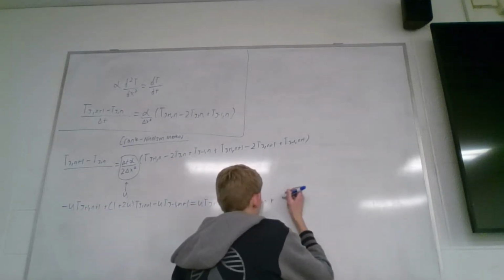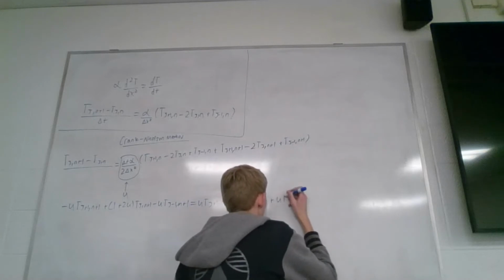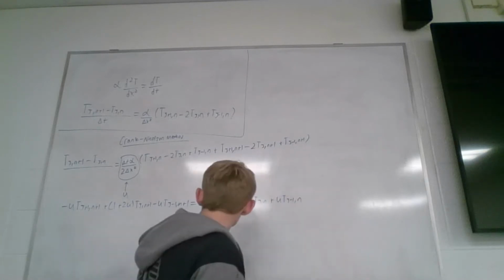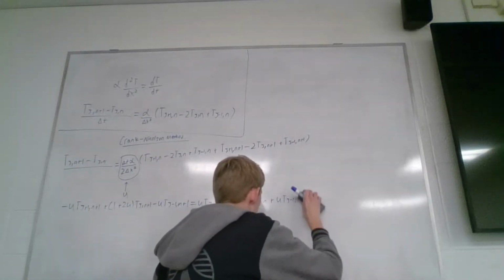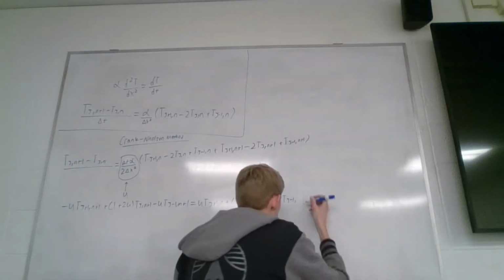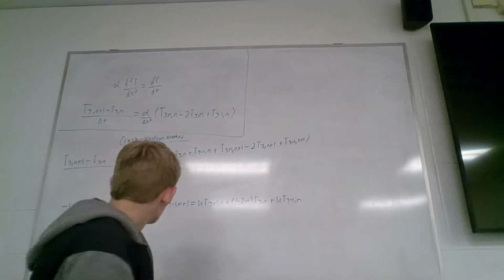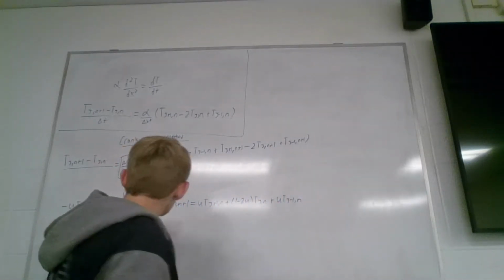Then it's going to be plus u T j-1 n. And so with this, we can then start to find what's going on. Then we can now have this entire equation out.